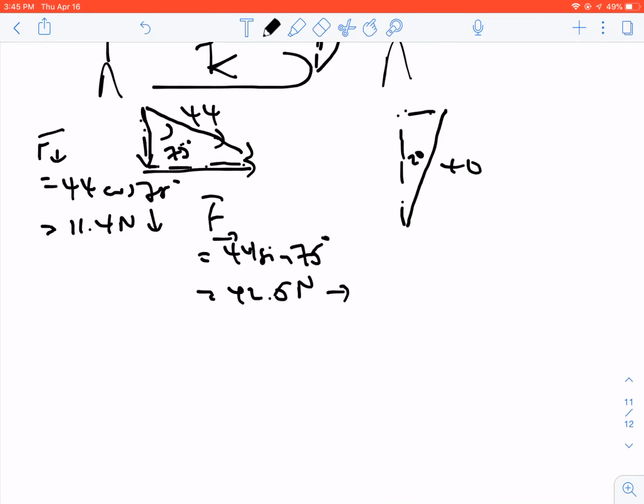Okay, if I look at the other force, the other person's 40 newton force, I have a force up, which is equal to 40. There's my 20-degree angle in there. So it's adjacent to the 20-degree angle, so it's cos 20 degrees, cosine of 20. So my force up is 37.6 newtons.